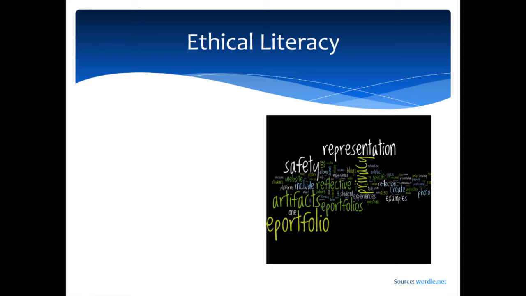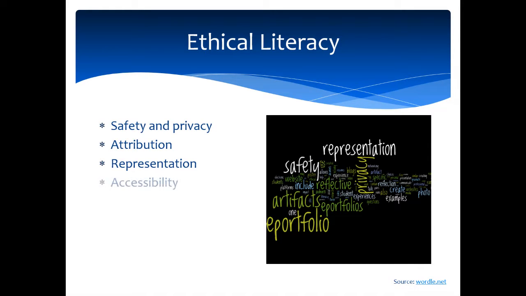As you create your ePortfolio, you will be making choices and taking actions that could impact yourself and others. We call the awareness of the choices you make and their impact ethical literacy. There are many parts of ethical literacy, including safety and privacy, attribution, representation, and accessibility.